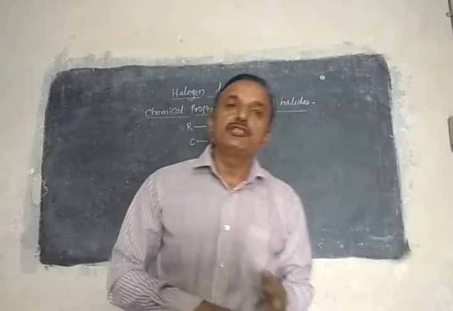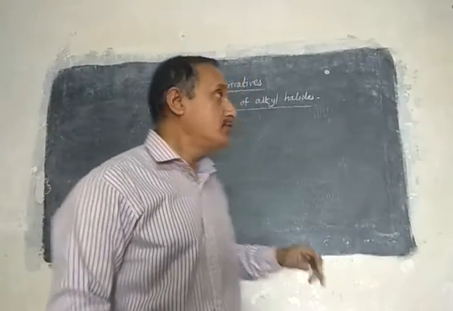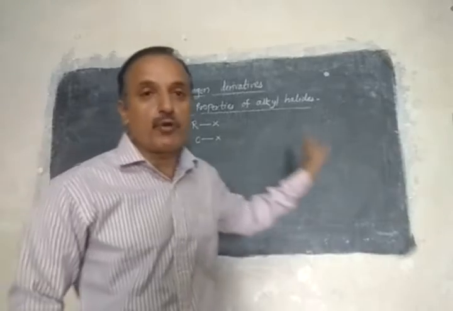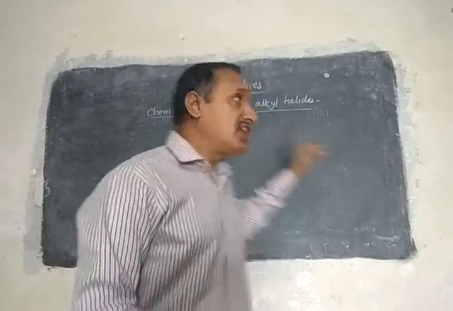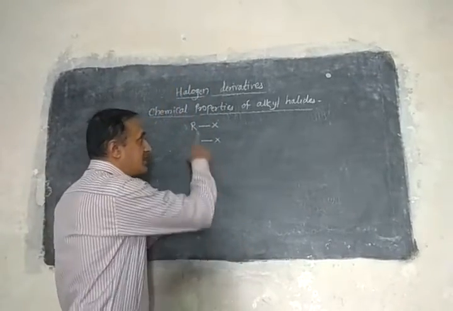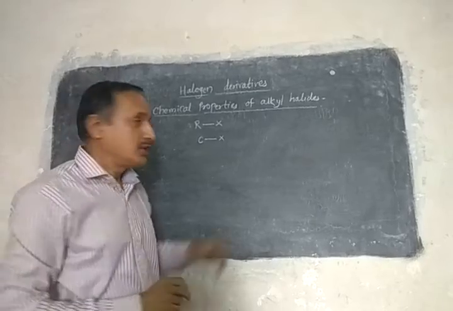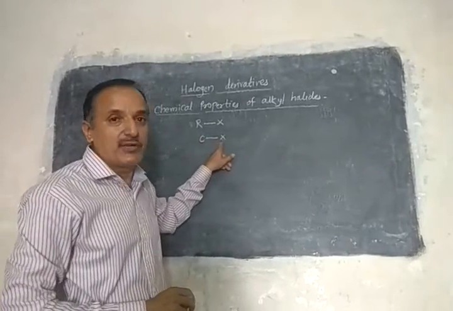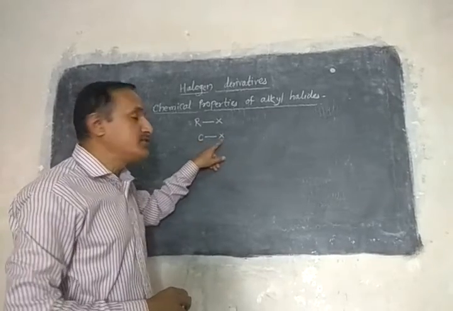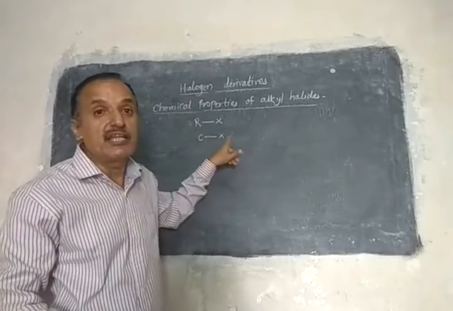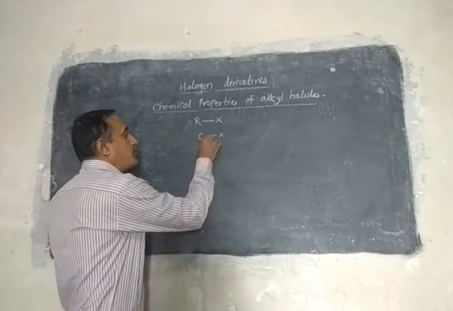So far we have finished the preparation of alkyl halides. Now the next part is the chemical properties of alkyl halides. These alkyl halides contain the carbon-halogen bond. If we compare the electronegativity of carbon and halogen, the halogens are more electronegative than carbon, which makes this bond a polar bond.